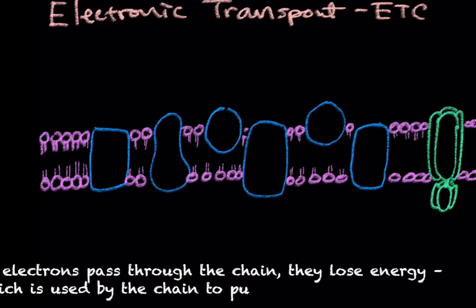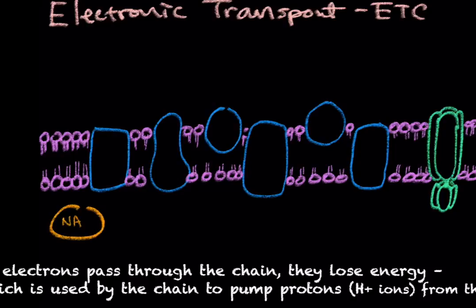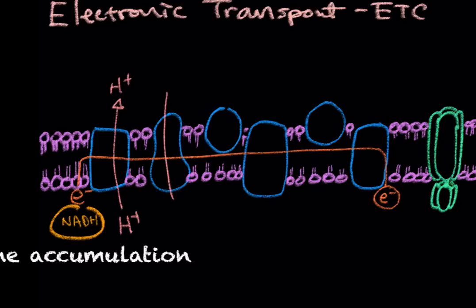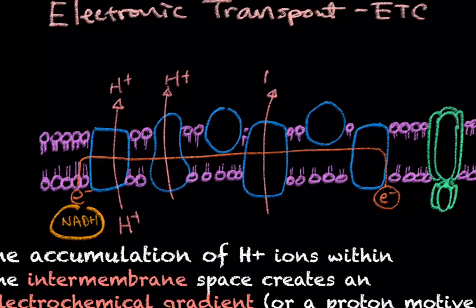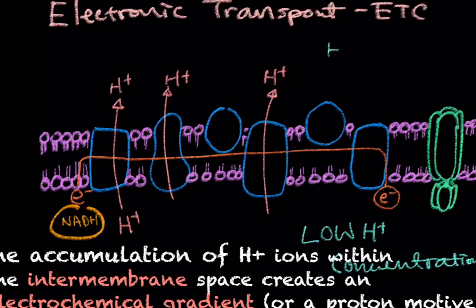As the electrons pass through the chain, they lose energy, which is used by the chain to pump protons, H cations, from the matrix. The accumulation of H cations within the intermembrane space creates an electrochemical gradient.